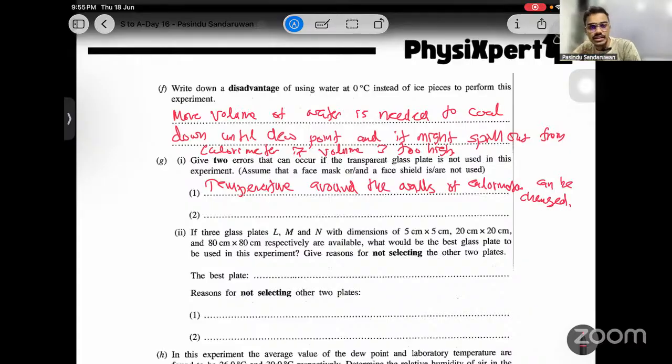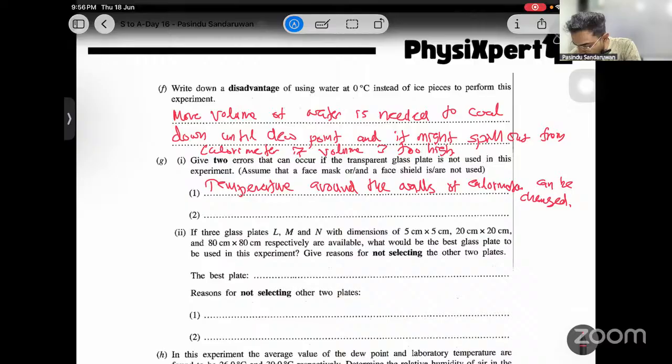And the second one is, we have water vapor in our exhaled air. If it is condensed, the condensed water vapor is going to release heat, and then we are going to have an error.